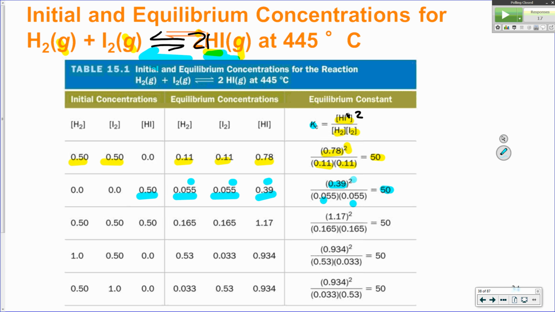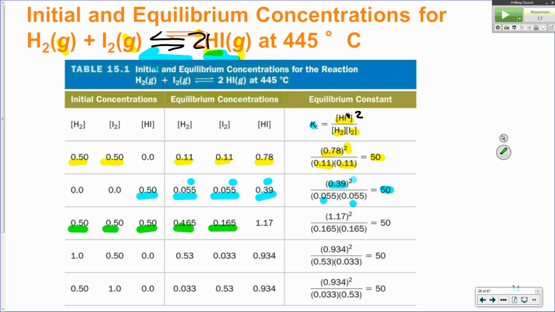Okay, so let's do a third case. Let's look at starting with some mixture. On this one, I'm doing 0.5 moles of every reactant and the product. In this case, the reaction goes forward because the reactants decrease in concentration, from 0.5 to 0.165 for each.